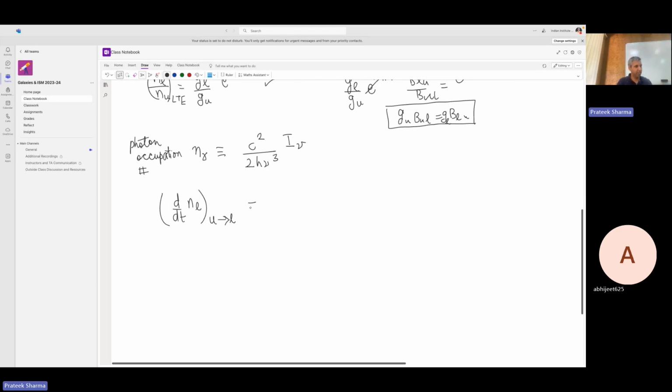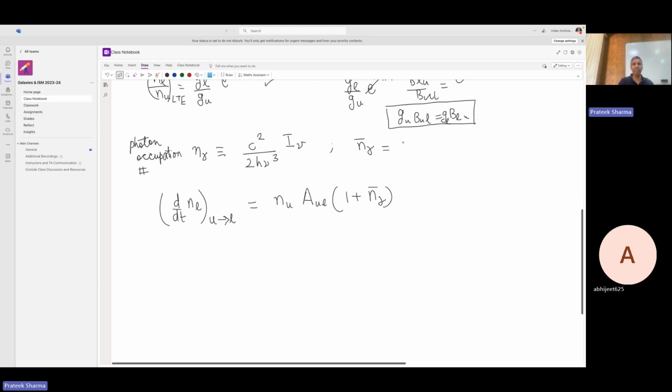So this is equal to N_U times A_UL times (1 plus n gamma bar). Actually, we can also define n gamma bar, where bar here means that you're averaging over all solid angles.